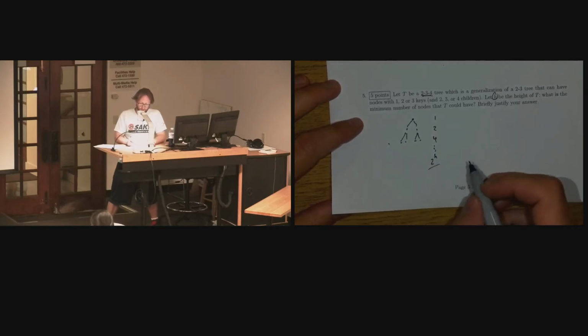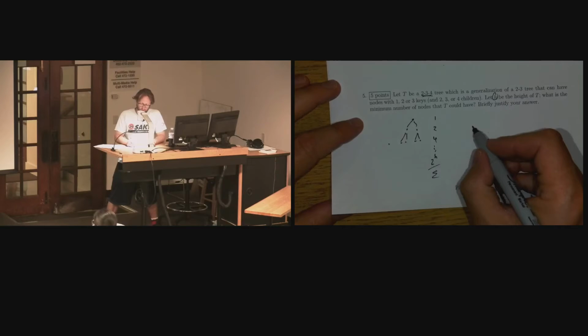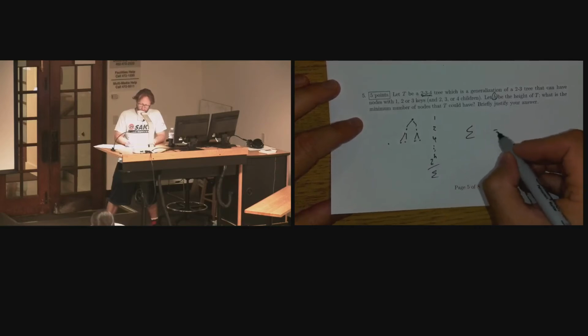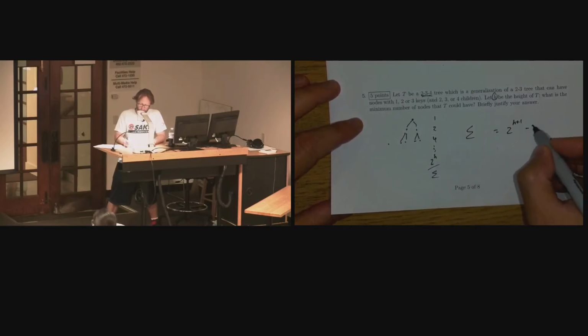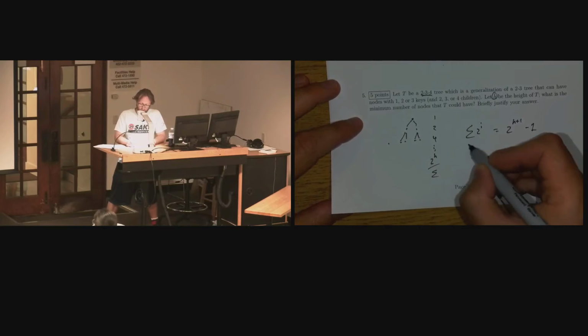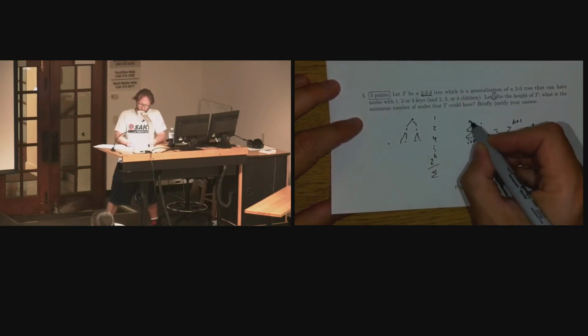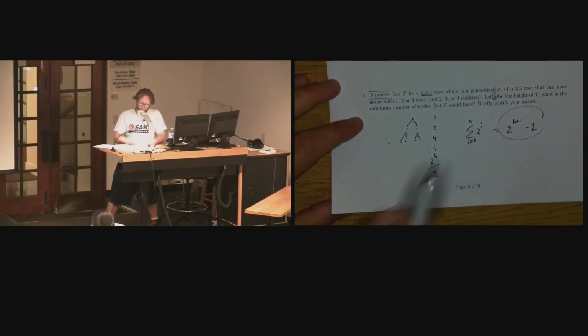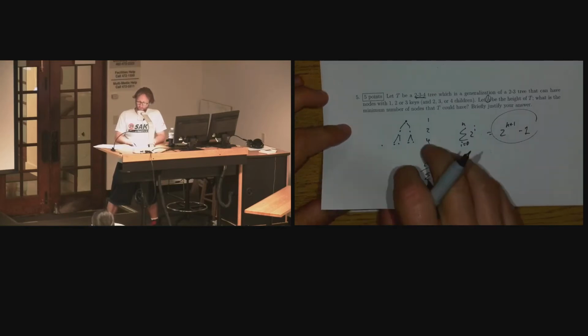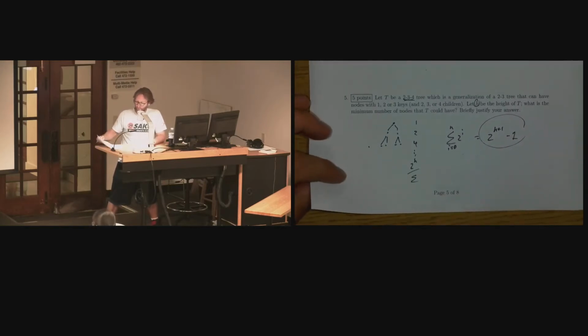And what's the summation of all these things? 2 to the H plus 1 minus 1, the sum of 2 to the I running from 0 up to H. Yep, exactly. All right? Good.